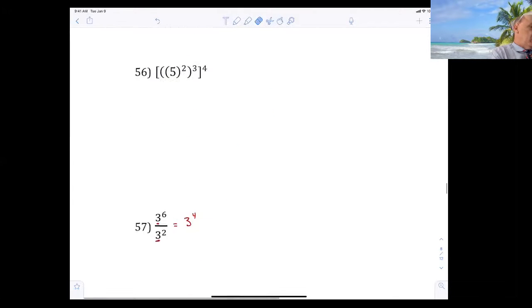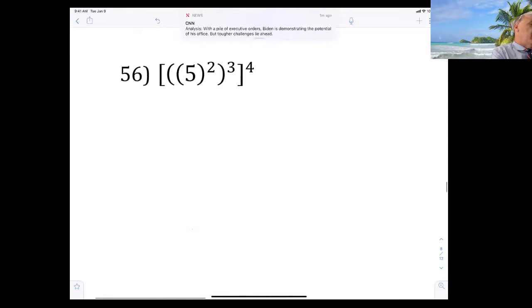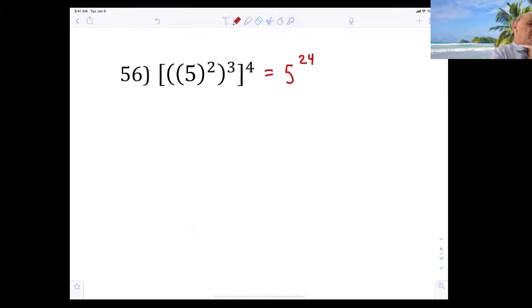All right, here we go. 56. Okay, we've done this a bunch and everybody makes a mistake here. What is it? 5 to the what? 24. Thank you very much. Plus 2 times 3 times 4. Power to power to power, you're still multiplying. Does the base change? No, the base stays the same.